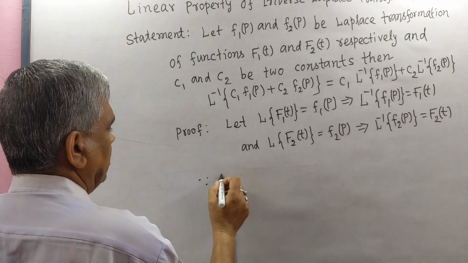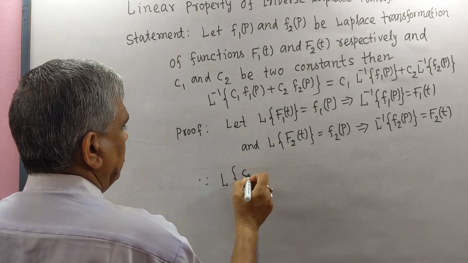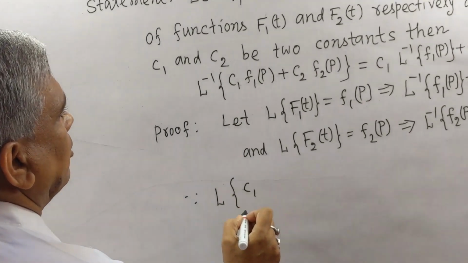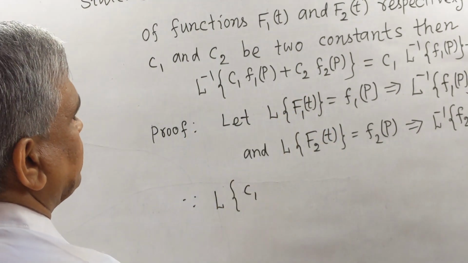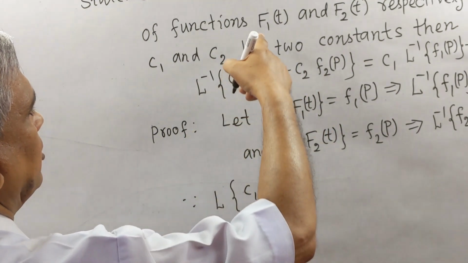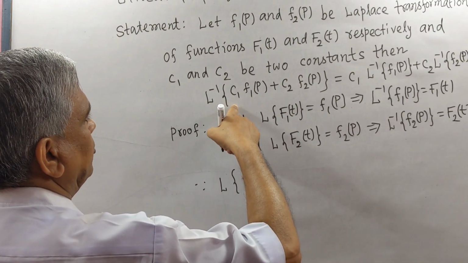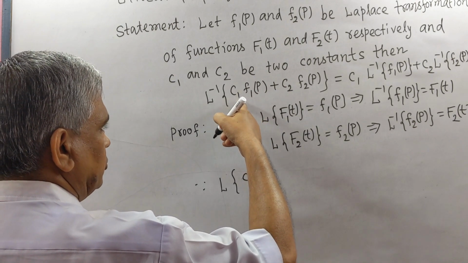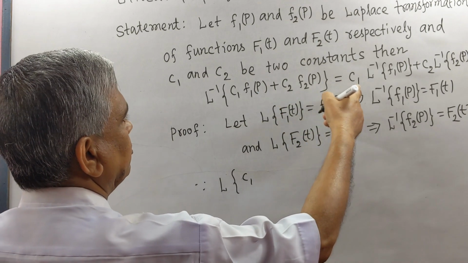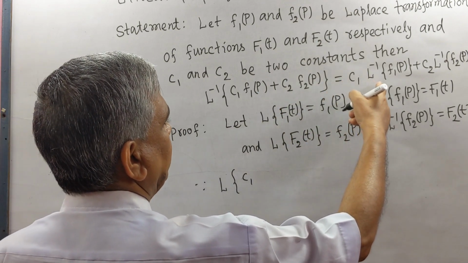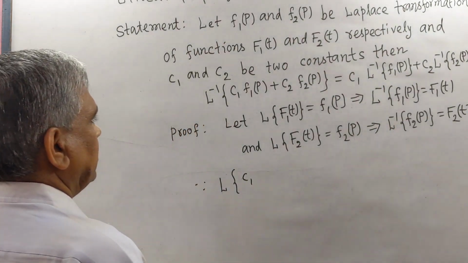Since we take the Laplace transformation of the inverse Laplace transformation of C1 f1(p) + C2 f2(p), equal to C1 L inverse f1(p) + C2 L inverse f2(p).